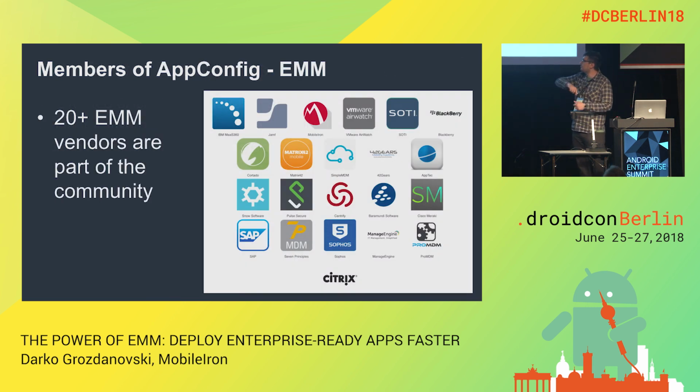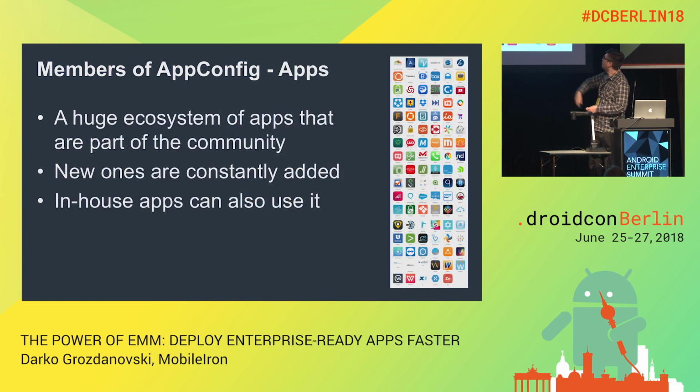Here is a list of pretty much all the vendors that are right now part of this AppConfig community, and here is a list of all the applications that right now have some sort of integration related to what AppConfig is all about. This is not even the full list, new apps are getting added every day. This also applies for in-house apps, so even if you're building an in-house application for one organization, you can still go to this website and find out how to do that better.